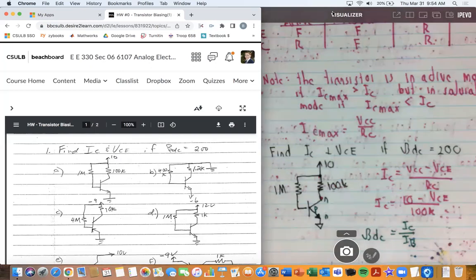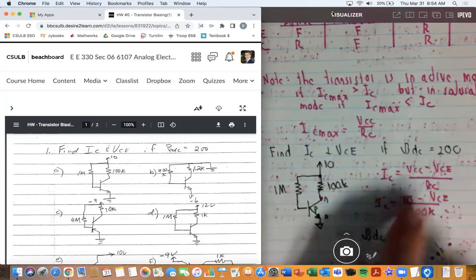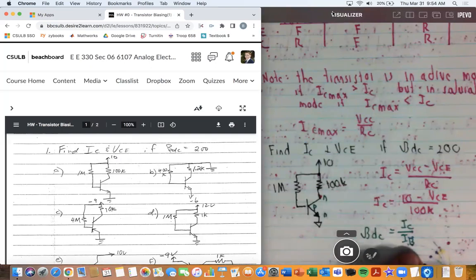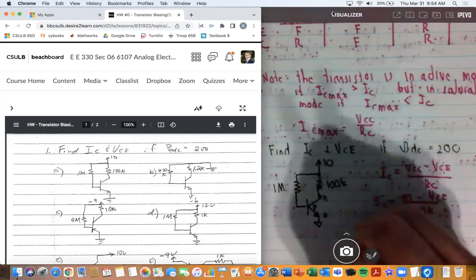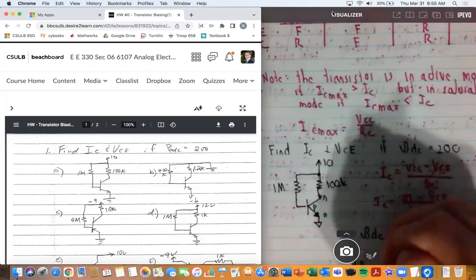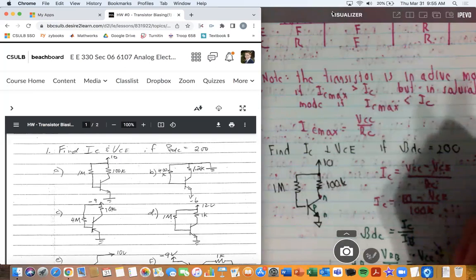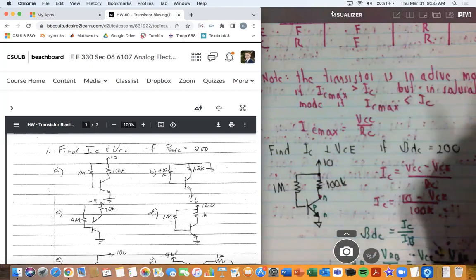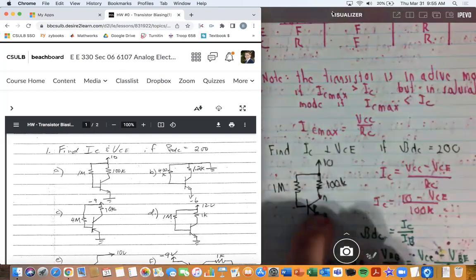And so what we're going to see here is that we can determine the base current if we know our gain, which is given as 200. We can find the base current by doing the voltage across the base resistor all over the resistance of the base, which is equal to VCC minus VBE all over the resistor of the base, which is equal to 10 minus the voltage between the base and emitter.